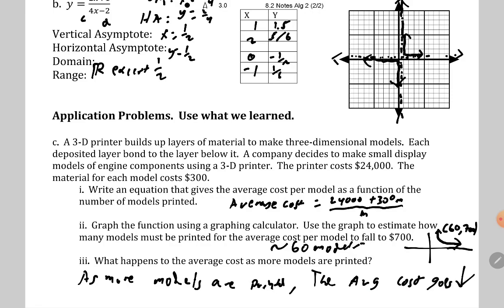Because once again, like I said, if you made one model, that would be a $24,300 model. If you make 10 models, that would be 24,000 plus the 3,000 for the models divided by 10. And you'll see the average gets a lot smaller the more models you make.